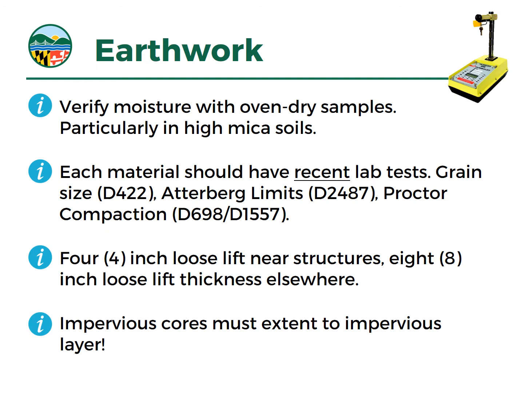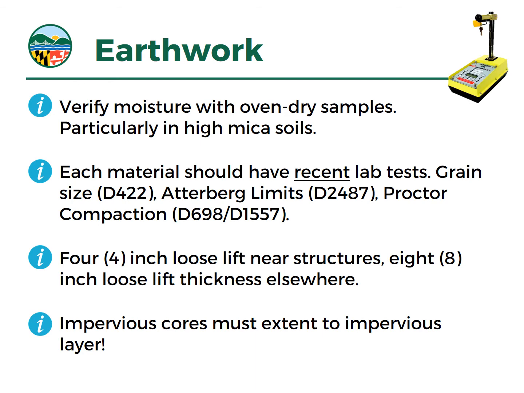And then here's a big one. Impervious cores, according to 378, it's often misinterpreted. What 378 says is that the impervious core must extend a minimum of 4 feet below the invert of the pipe or cradle.